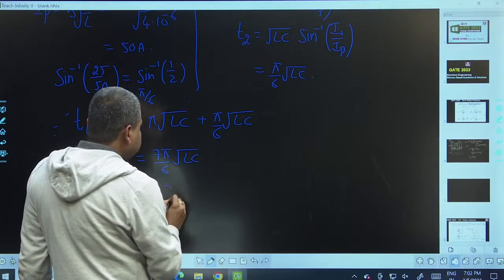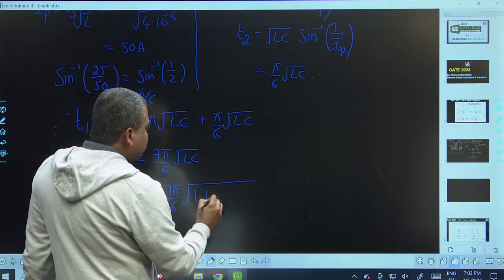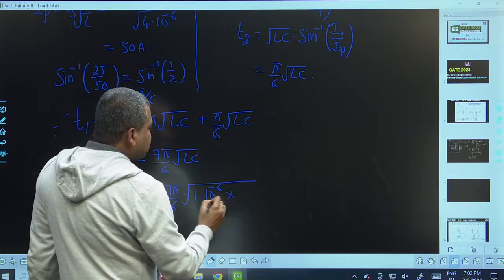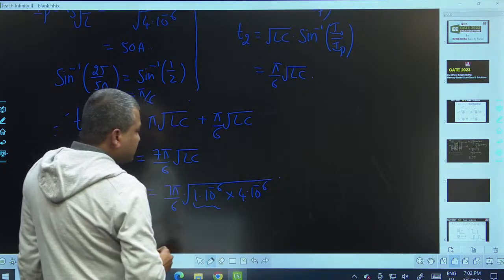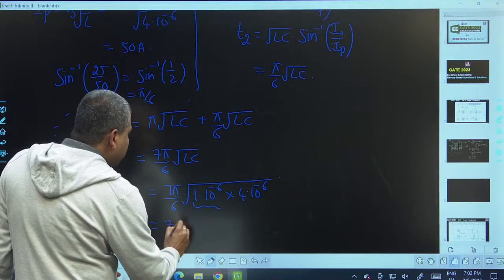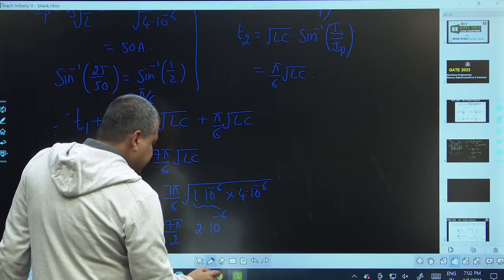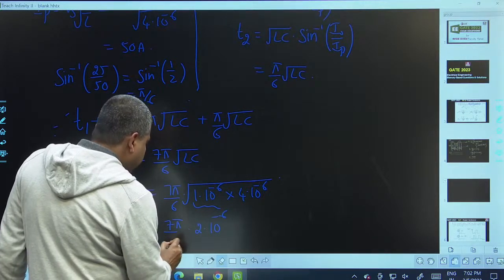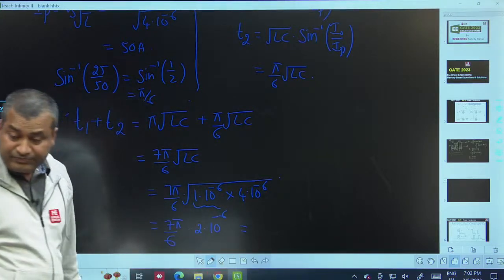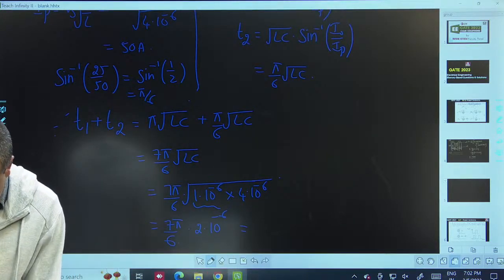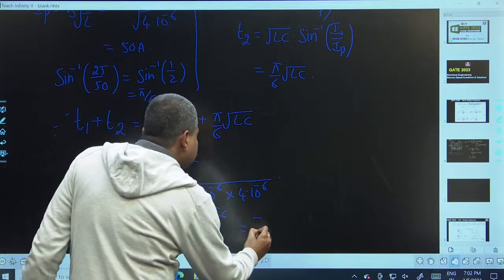If you simplify this, you will get 7 pi by 6 into square root of 1 microfarad, that is the value of capacitance, and inductance is 4 microhenry. So that comes to be 7 pi by 6 into 2 into 10 power minus 6. After simplifying this, the answer is 7.33 microseconds. So that is the answer.